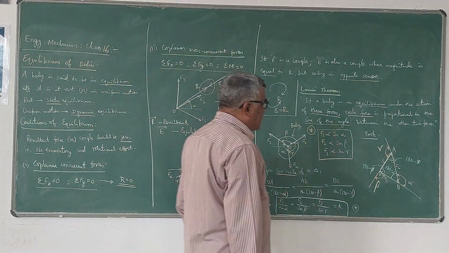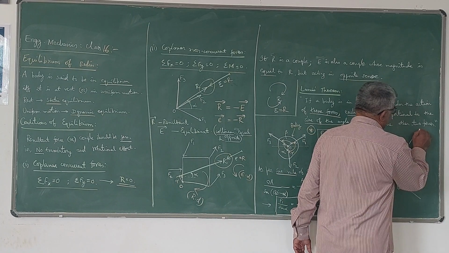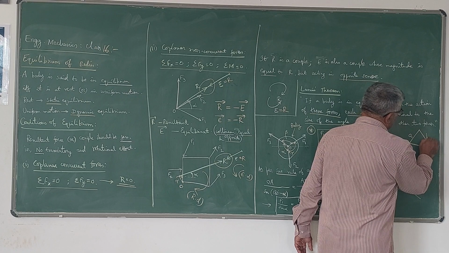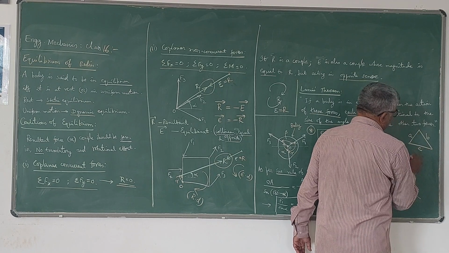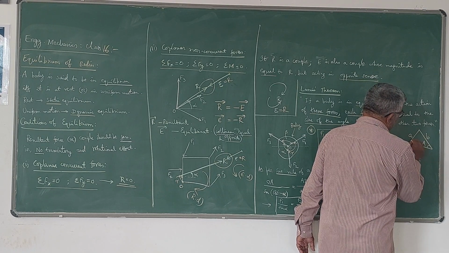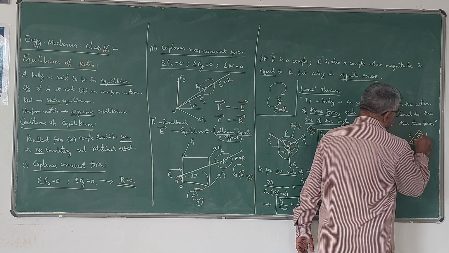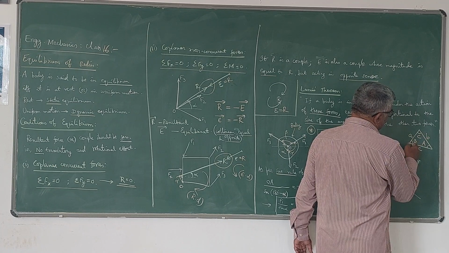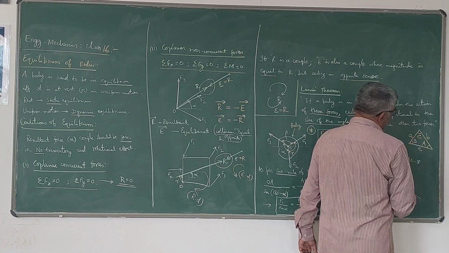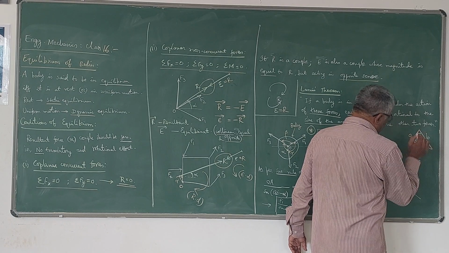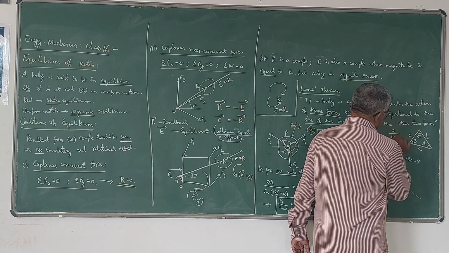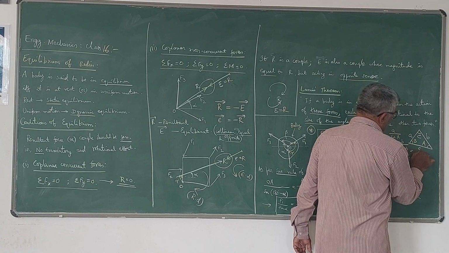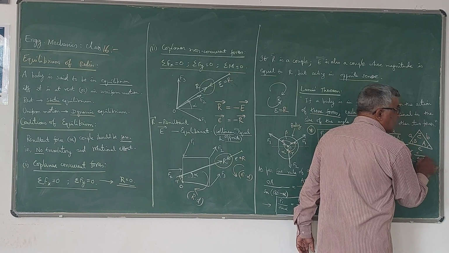The sine rule states like this: if a, b, c are the sides, and capital A, B, C are the respective opposite angles, so opposite to a is this angle, opposite to b is this angle, opposite to c is this angle, then as per the sine rule you have a by sin A is equal to b by sin B is equal to c by sin C. So this is the sine rule.